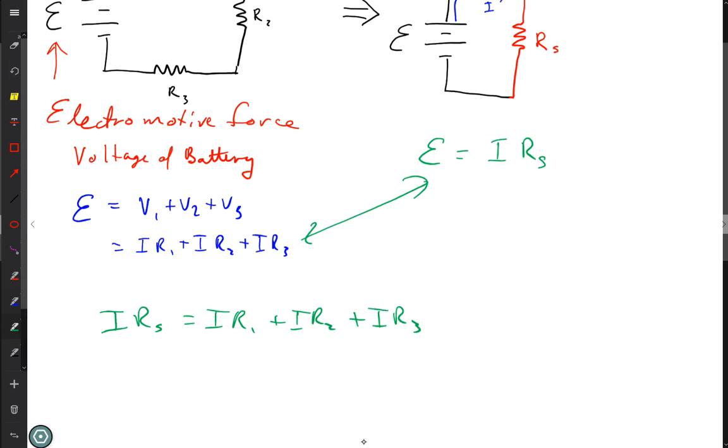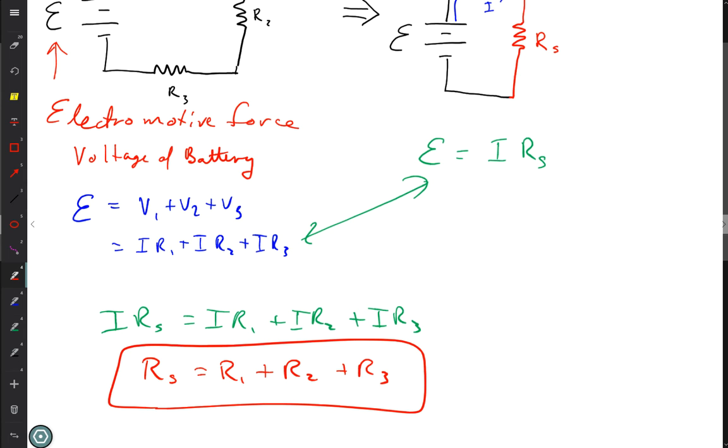And as I said yesterday, we are all plenty smart enough to realize we can cancel the I, and we have R series is equal to R1 plus R2 plus R3. So resistors in series simply add algebraically, the simplest way to add, right?